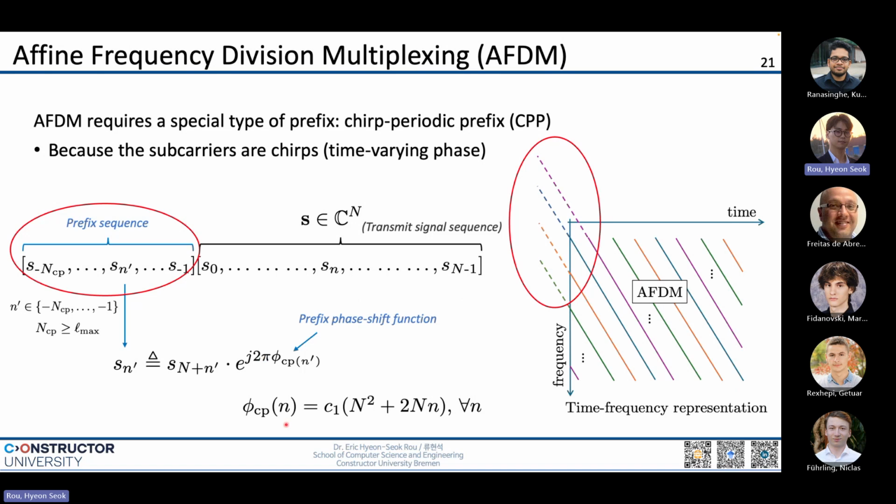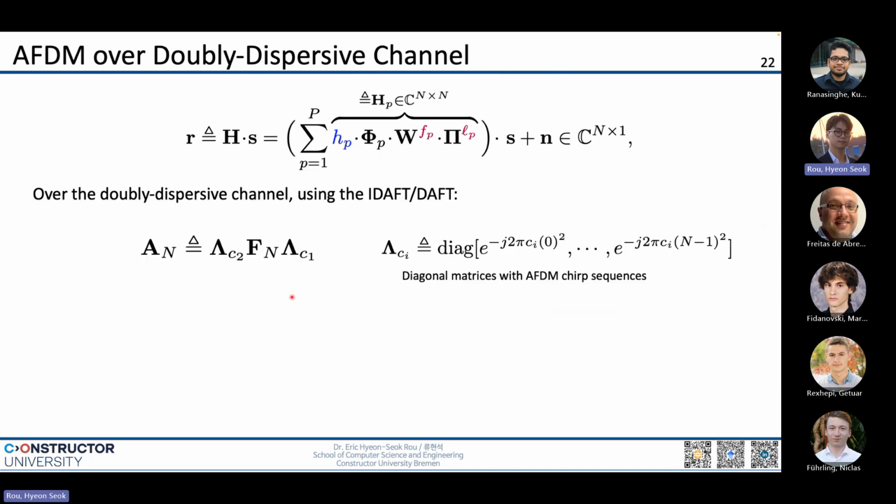This is simply given by this phi_CPP function here, which depends on the phase slope factor c1 that we saw before, and also on the size of the matrix. We have these correction terms, and this phase is applied to the elements in the prefix.